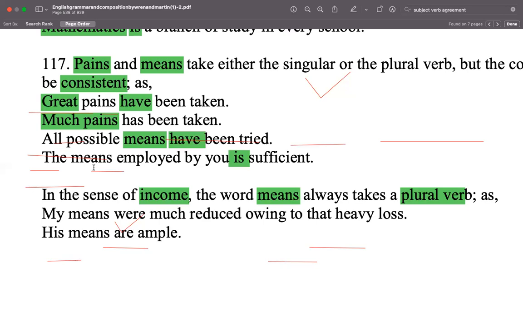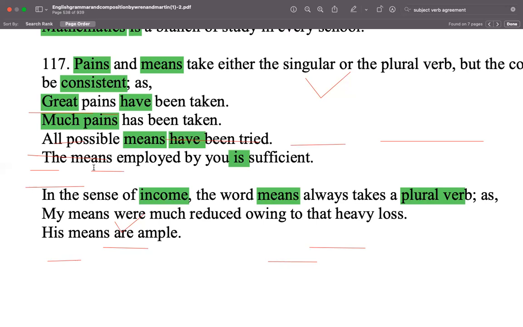Though we say pain, we are not talking about it in the form of "great pains have been taken" or "much pains". We are simply stating what pain he is gaining, or "I feel pain in my body".